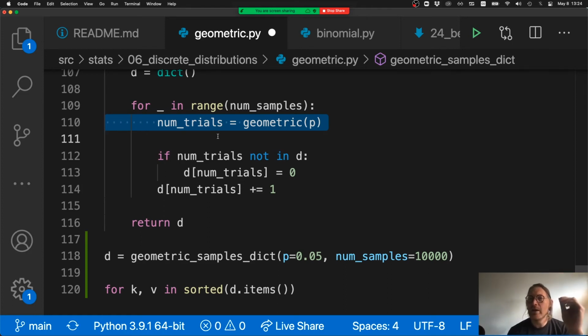Order in a dictionary, we say dictionaries don't guarantee order. That's not exactly true anymore. That used to be true. Order in a dictionary is by when that value is put into the dictionary. It kind of has an order by the time it was added.